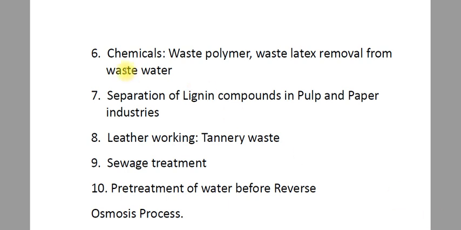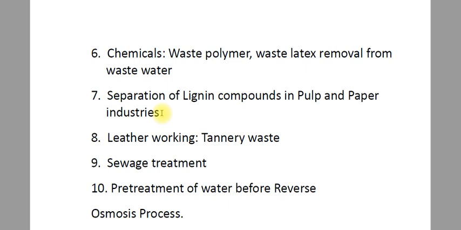In other chemical industries, it is used for polymer waste separation and waste latex removal from wastewater. So basically wastewater treatment is widely done in different types of industries. It is also used for separation of lignin compounds in the pulp and paper industry. So what are lignins? Lignins are aromatic compounds, phenolic compounds basically, where the aromatic ring contains the OH group.